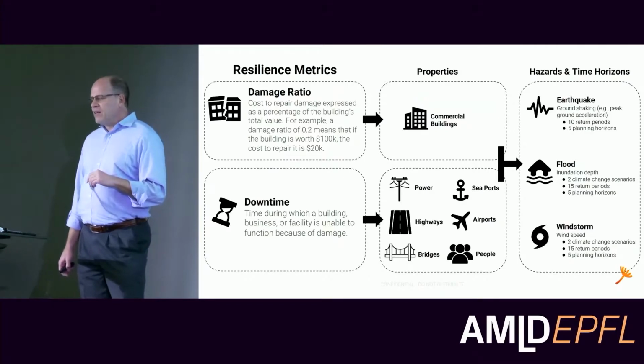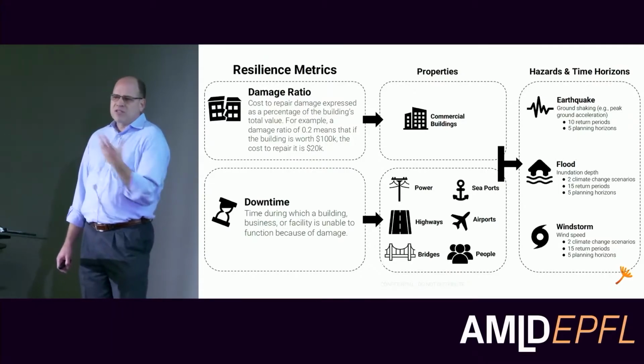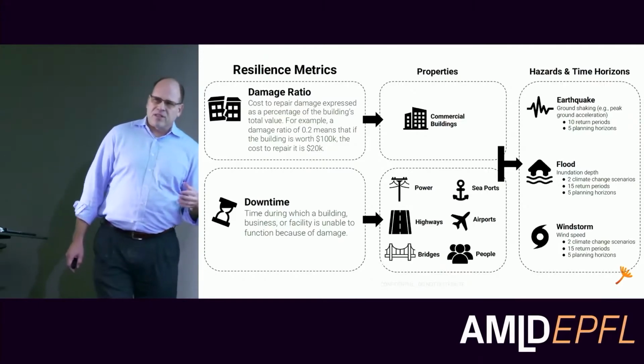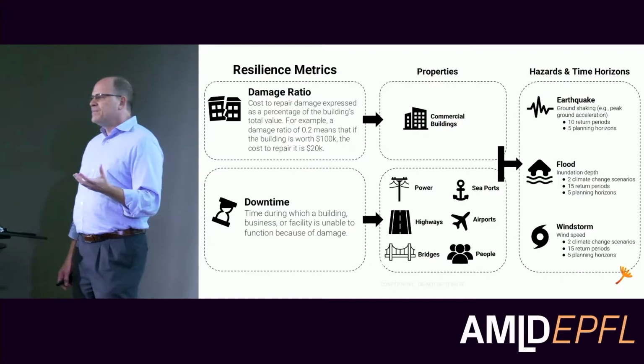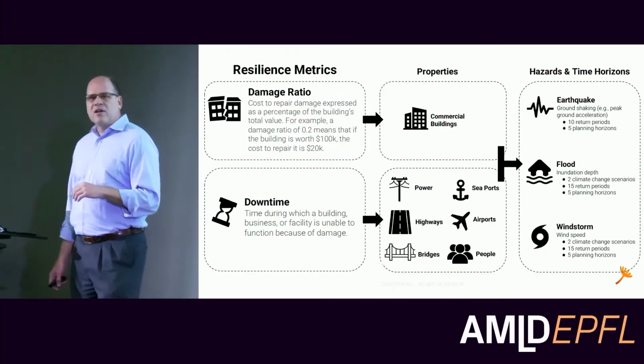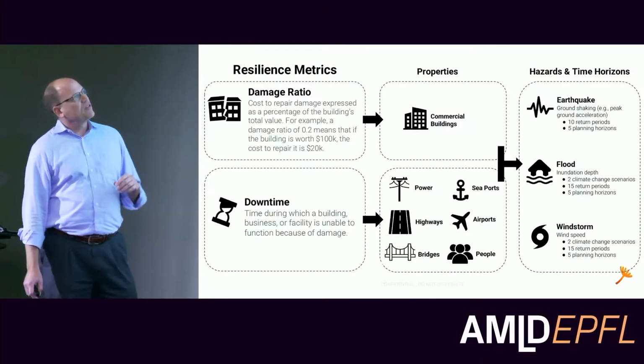Now, at a high level, we're going to look at damage ratios associated with the building. So that's still part of this modeling exercise. But there's actually lots of researchers, there's a number of open source tools, and there's a variety of firms that do this kind of work. We do it as well.